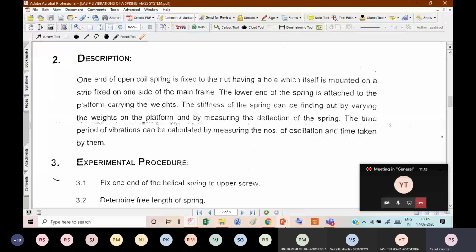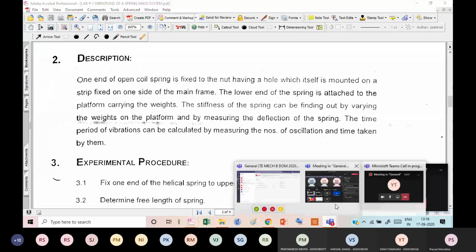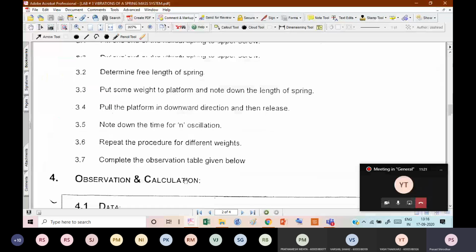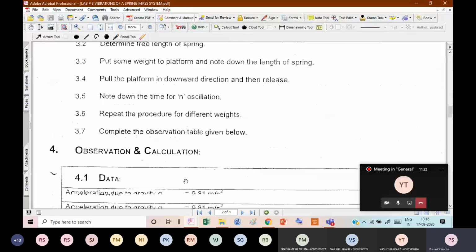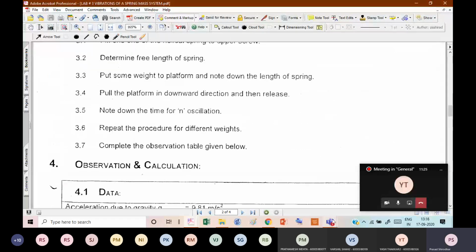Okay. Now before you do that, let me explain what the experiment is about. So you have your spring mass system, and you have to find the natural frequency of that spring mass system theoretically and experimentally. Okay.